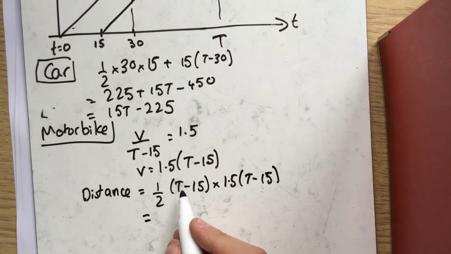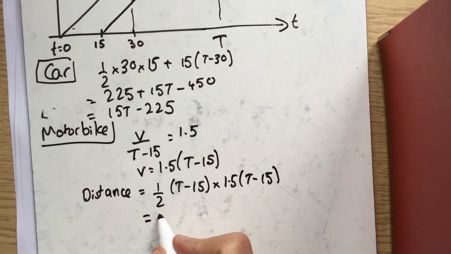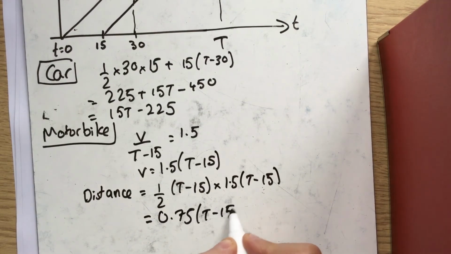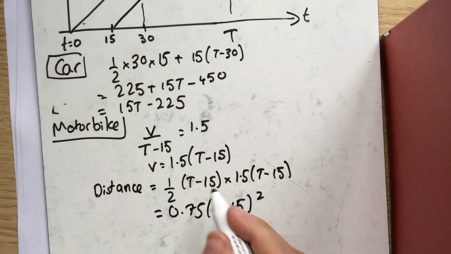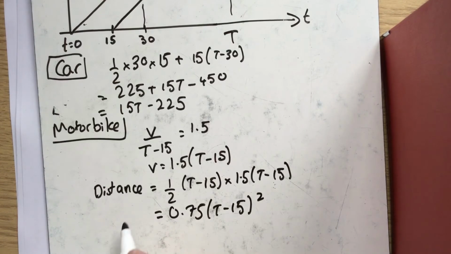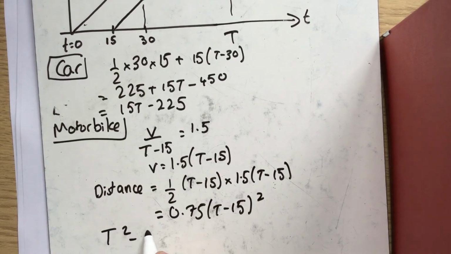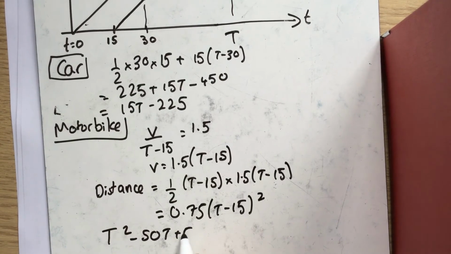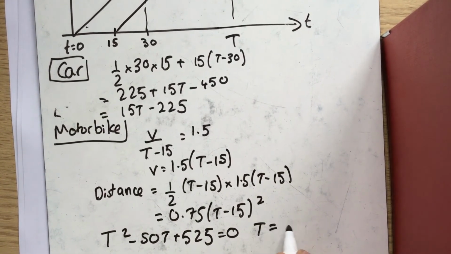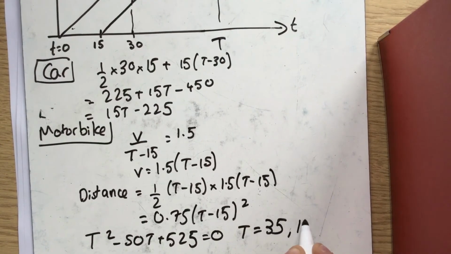This simplifies to 0.75 times t minus 15 all squared. So we set up a quadratic equating the two, and that leads us to t squared minus 50t plus 525 equals 0, which gives us two answers, one of 35, one of 15.